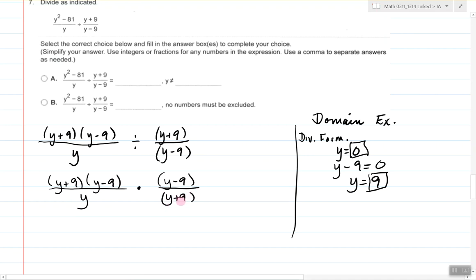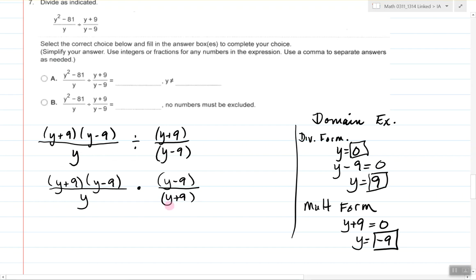Before I go any further, I'm in multiplication format now, and I have a new denominator. In the multiplication format, I still have this one, that hasn't changed, but now I have y plus 9 equals 0. Y is negative 9 is a third domain exclusion. So you have to check both denominators when you're in division format, and then you have to check the new denominator you've gotten in the multiplication format.